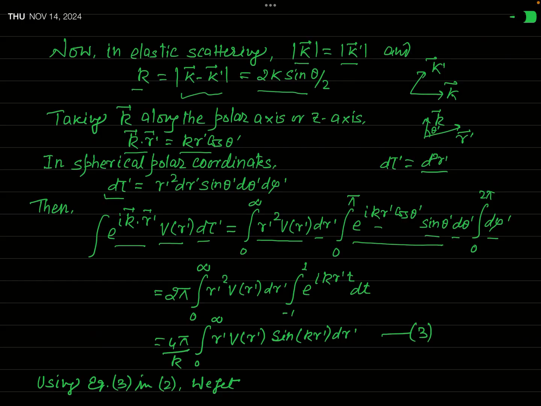And you know, integral of d phi' 0 to 2 pi, that is simply 2 pi. So this has been written here. And the first integral is at each, here you can see. Okay. And now this second integral, I have just evaluated this integral by taking each and every step in my previous video on the scattering by an attractive square well potential in Born approximation.